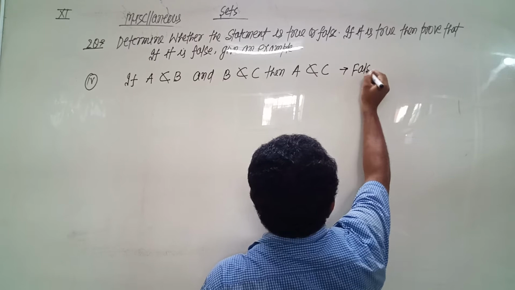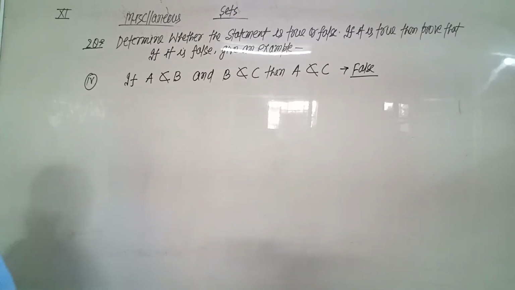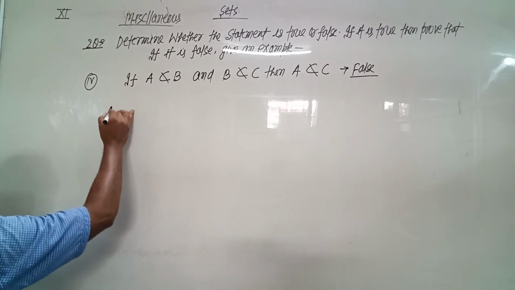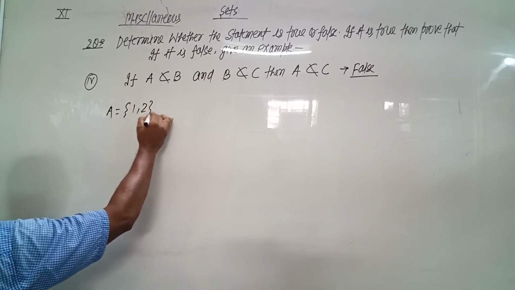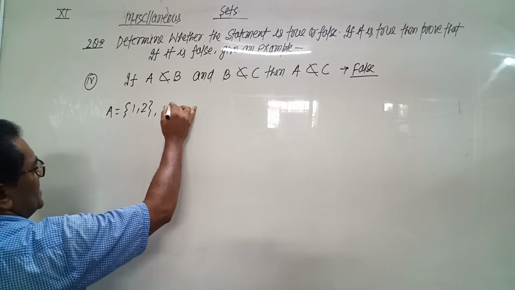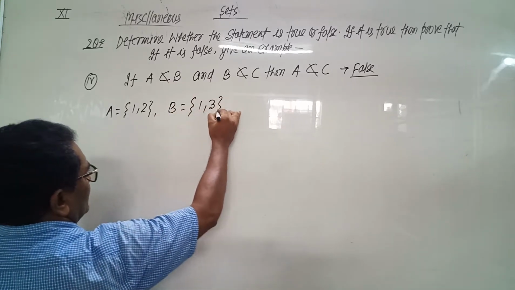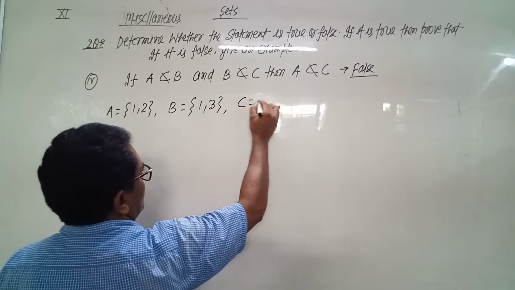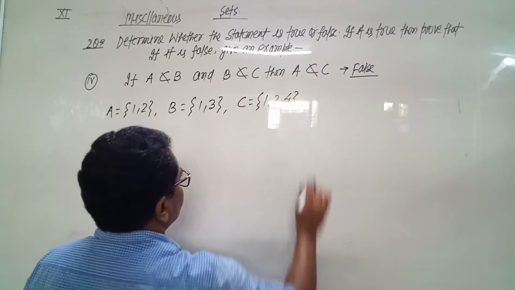Now if it is false, we will have to give an example. So let set A equal 1, 2, set B equal 1, 3, and set C equal 1, 2 and 4.